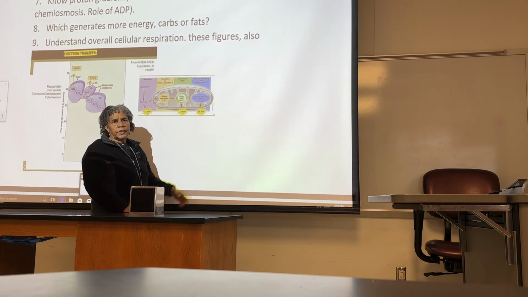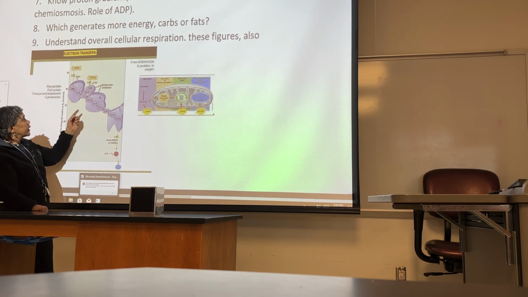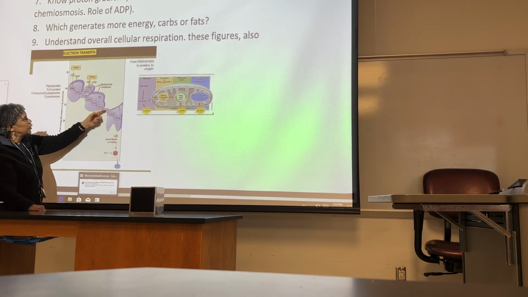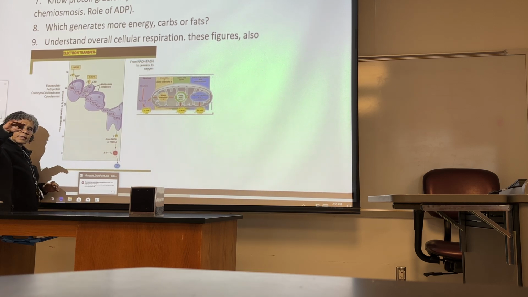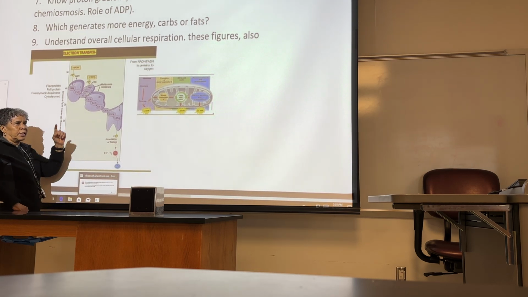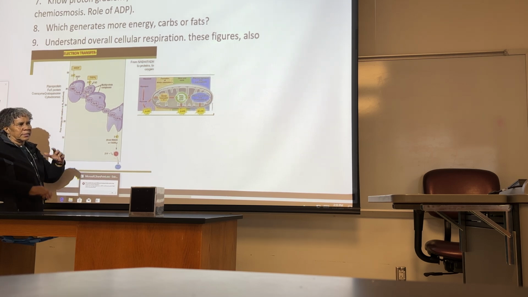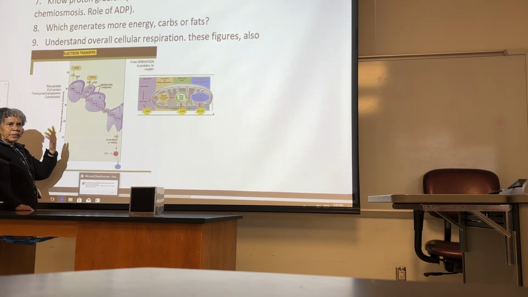And then all you're dealing with now is electrons and protons. And the electron transport is really in the inner membrane of the mitochondria. I just keep it simple: in the membrane.